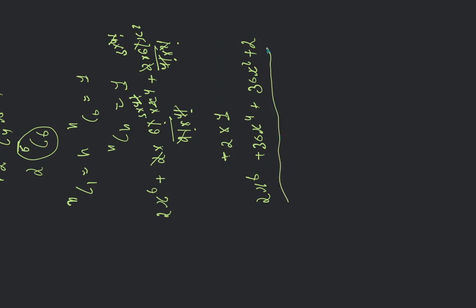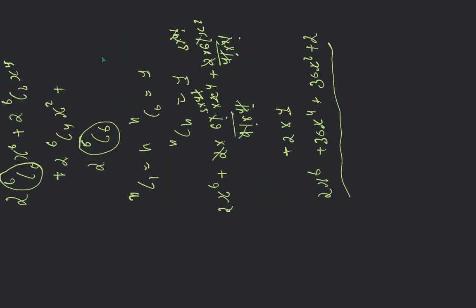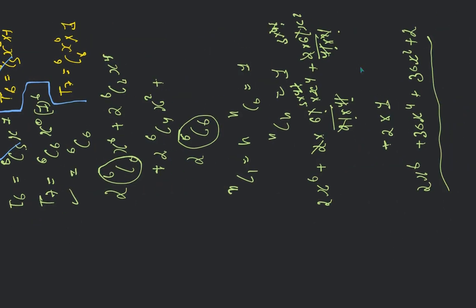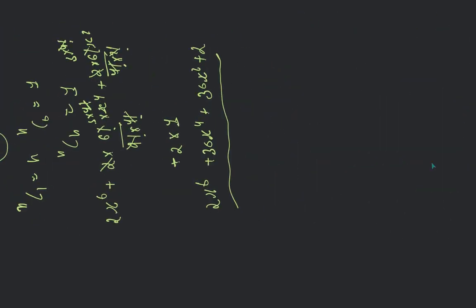After finding the expansion, we have to find the value of this term. Let me write it below. After finding the expansion, we have to find the value of root 2 plus 1 whole to the power 6 plus root 2 minus 1 whole to the power 6.